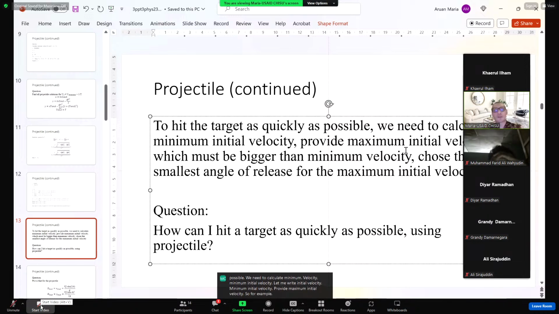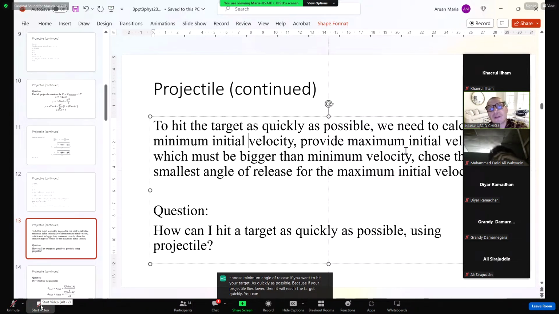So if you really need to hit the target as quickly as possible, your initial velocity must be as big as possible, and of course bigger than the minimum velocity. And then you choose the minimum angle of release, because if your projectile flies lower, then it will reach the target quickly.